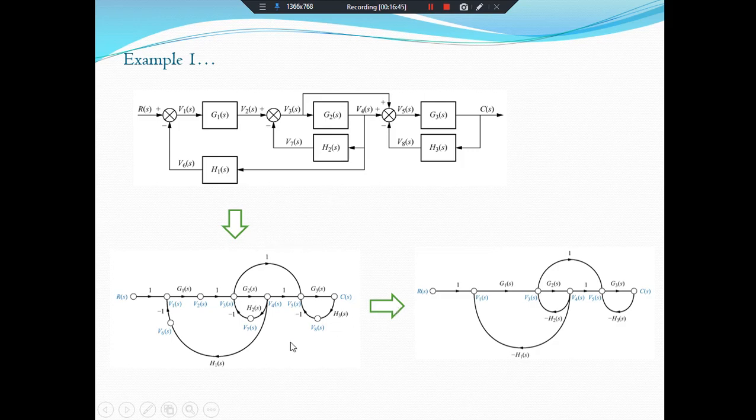Earlier we drew this signal flow graph by replacing each signal by a node and each system by a branch. Then once we draw the signal flow graph, we simplify it in this form.